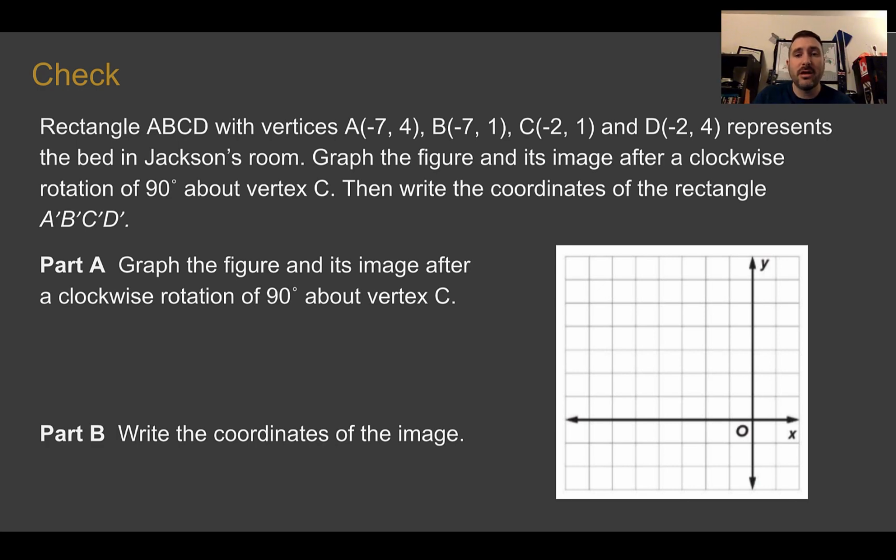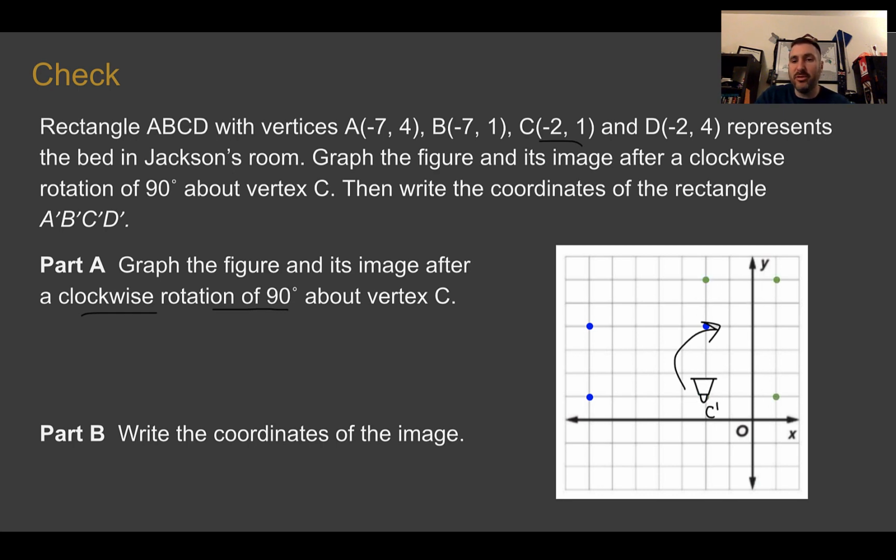Let's check. First, the pre-image, your original shape, had those coordinates there. Then C was at -2, 1. So C is down here. We want to rotate about that, and we're going to go 90 degrees clockwise. So clockwise would be going this direction, and we want it to go 90 degrees. When you do that, it ends up looking like this.